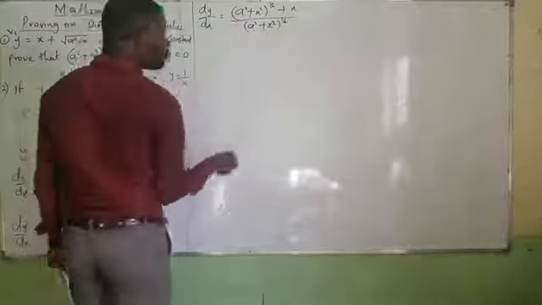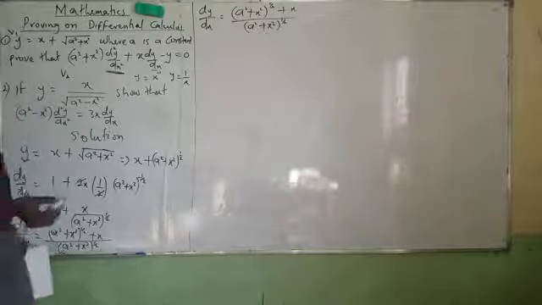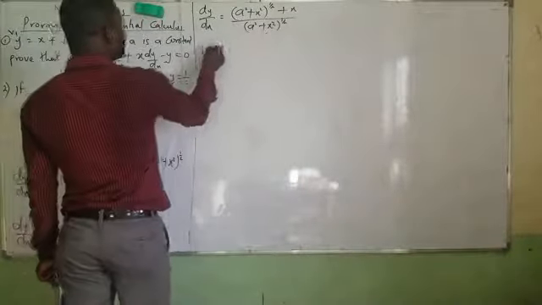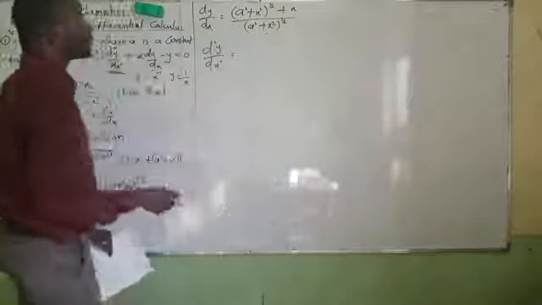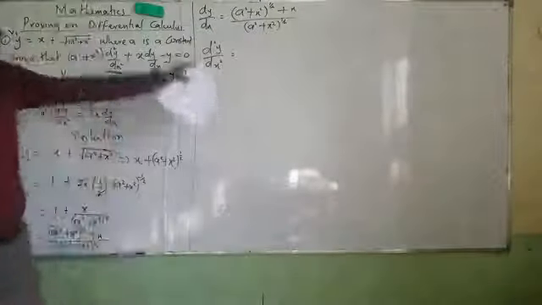Now, I'm looking for my d squared y over dx squared. I want to differentiate the second derivative. Now my second derivative will be equal to, I can just say this is the quotient rule.